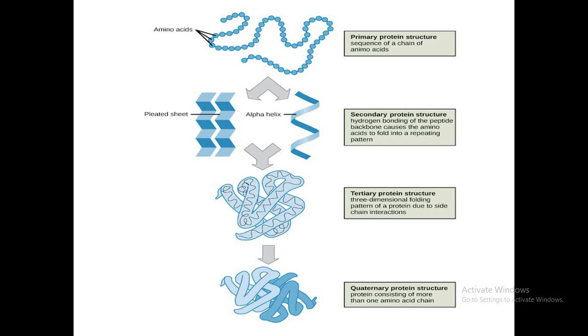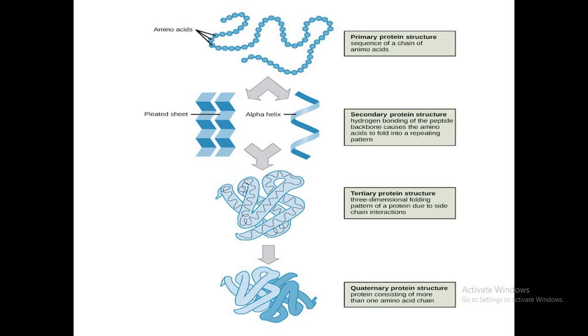To summarize what we have studied till now: amino acids are monomeric molecules having an alpha carbon atom joined with an amino group, a carboxylic group, a hydrogen atom and a side chain.